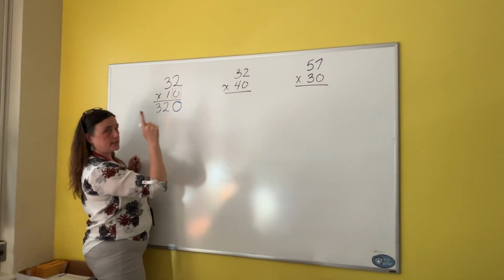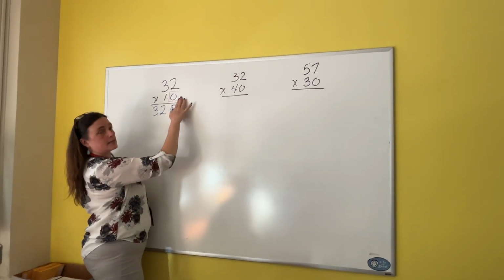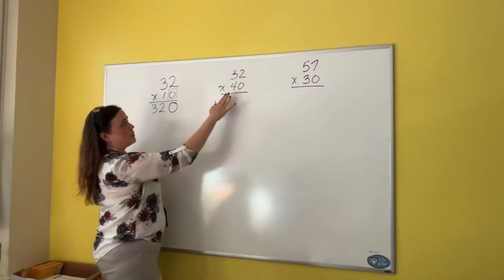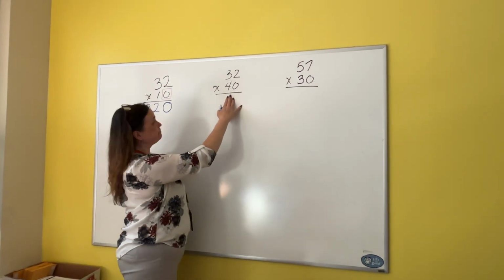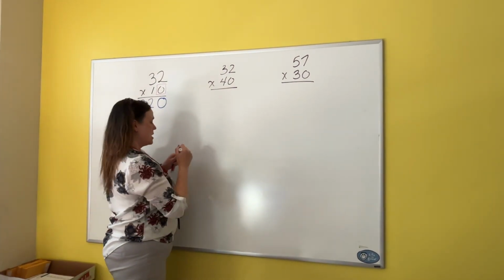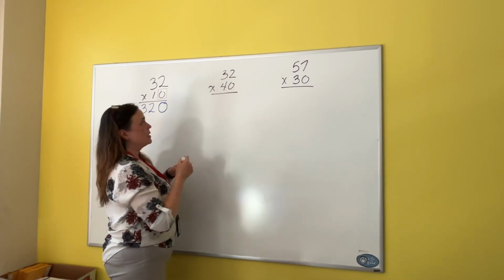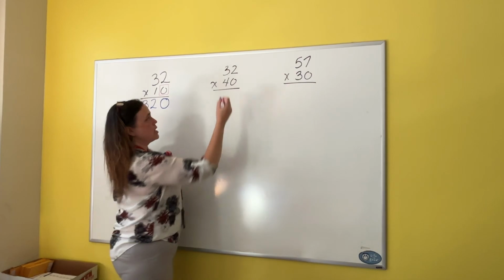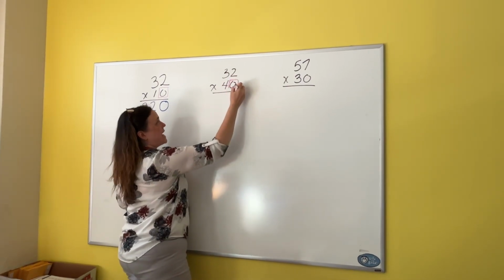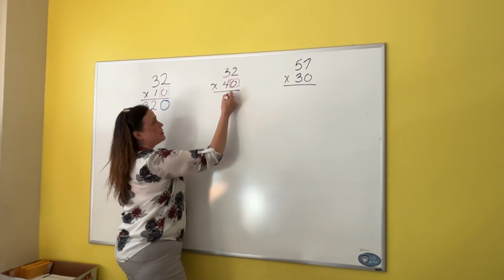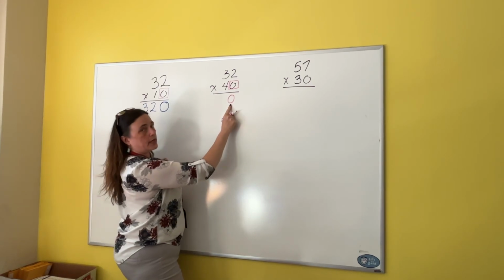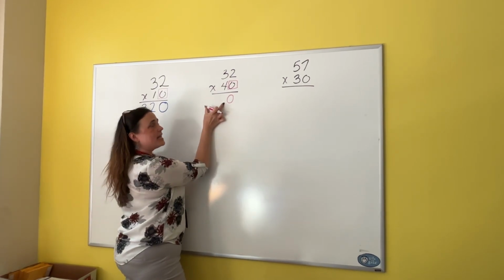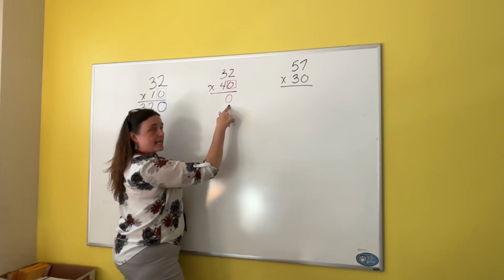Okay, so let's hold on to that idea. So really this is like having a 10 here. So now when I look at this problem, now I've got 4. Same concept. This is 4 tens, aka 40. So in the end, it's 4 tens, right? So if I put a 0 here in my answer line, that means whatever I've got here is that many tens.